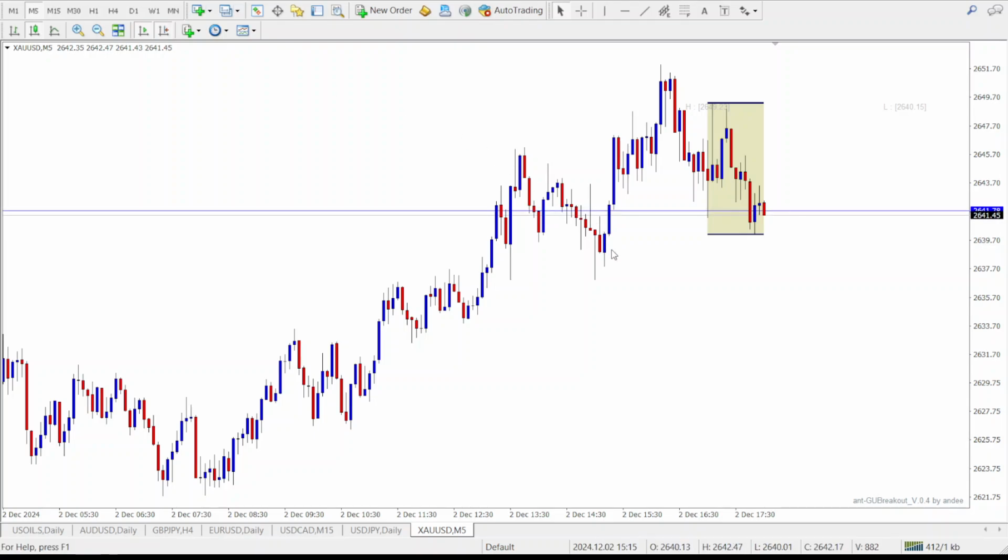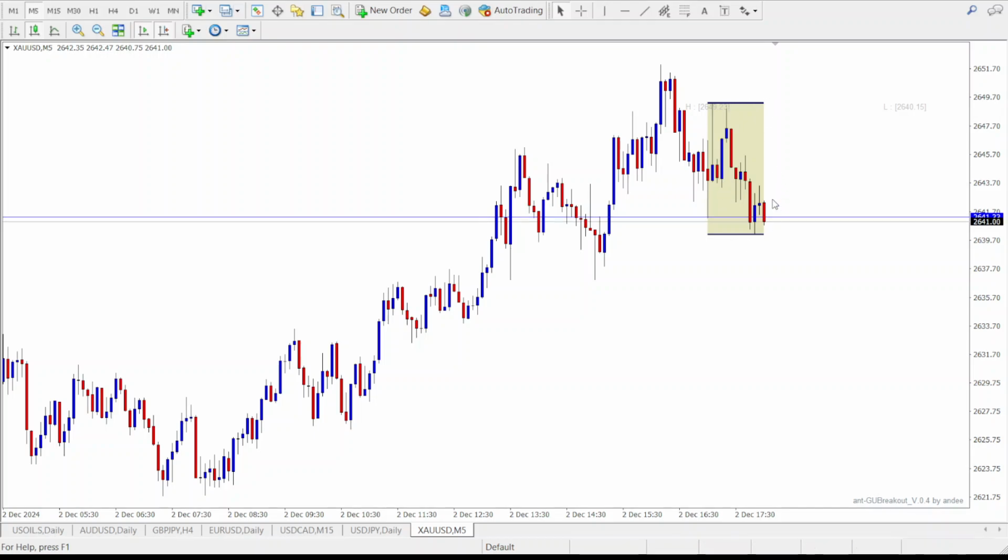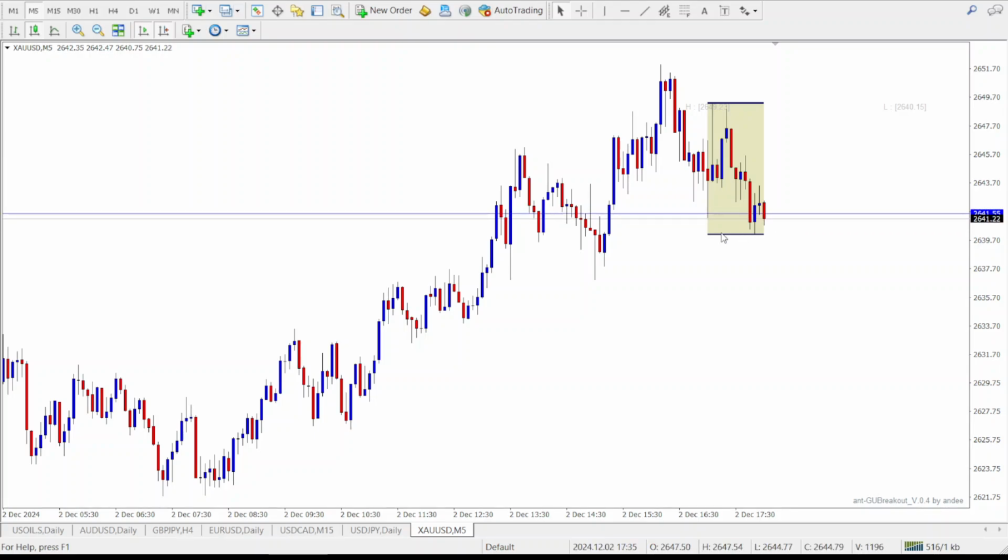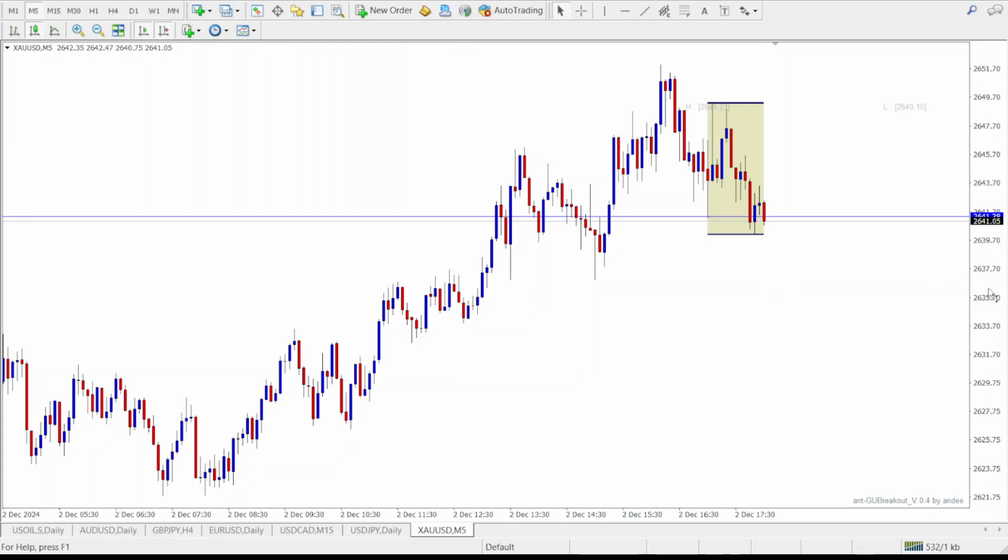As you can see, the indicator automatically highlighted a zone, an important zone that requires attention. What this means is that if the price should drop below this point, we are going to have a bearish breakout.